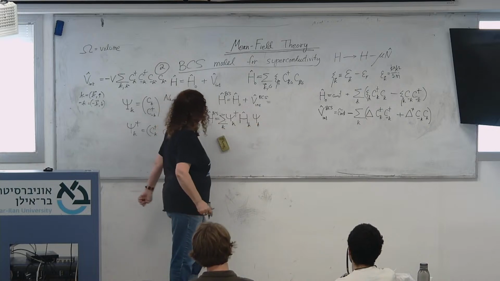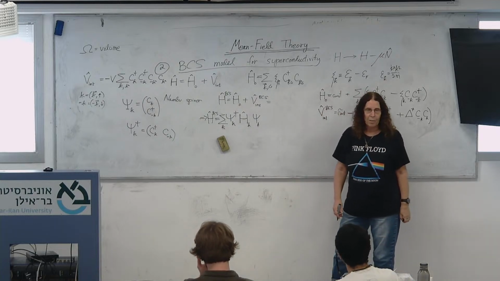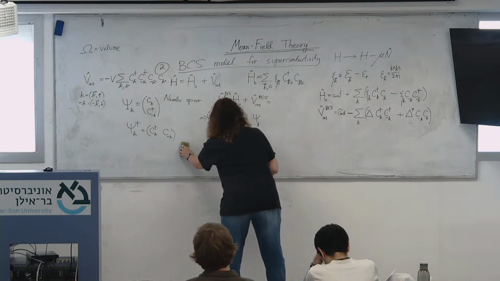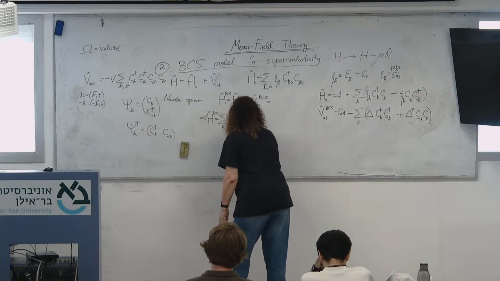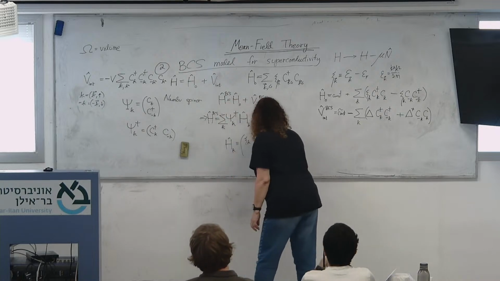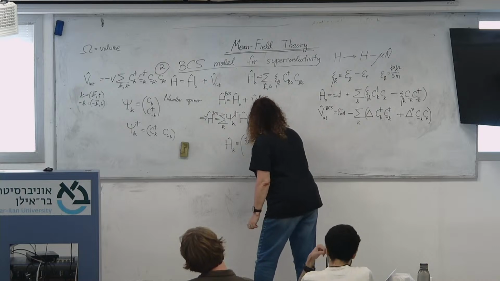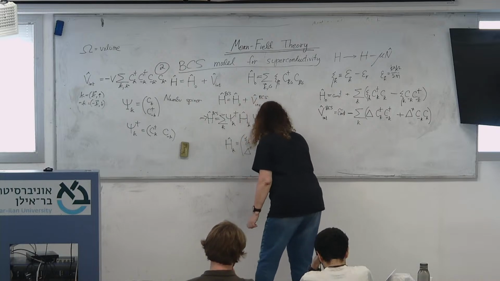Okay? Where H_k is a 2 by 2 matrix. And it has the following form. It's epsilon_k, minus epsilon_k, delta, delta star.